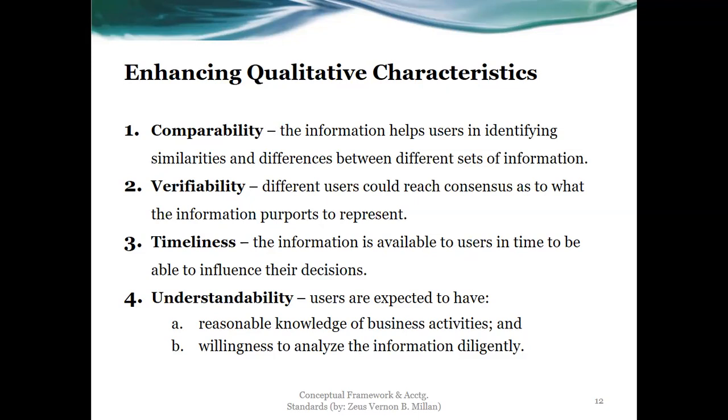In comparability, we would be able to look for the similarities, so the same items or aspects, and also the differences. So what are the same items and what are the differences in different sets of information. So we can see the relationships and whatnot.